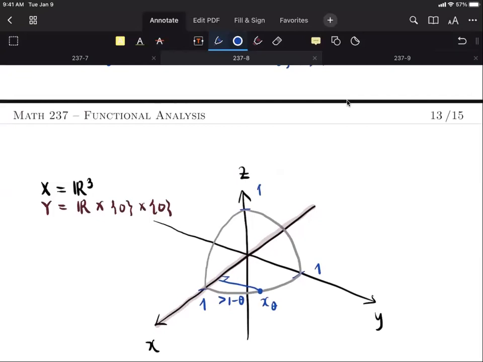So as theta goes to 0, take note that you need to go in this direction.